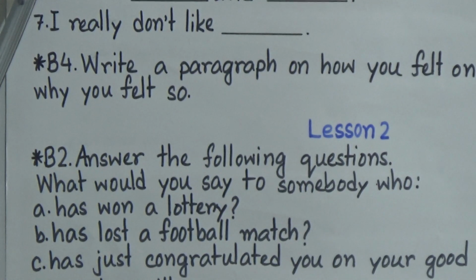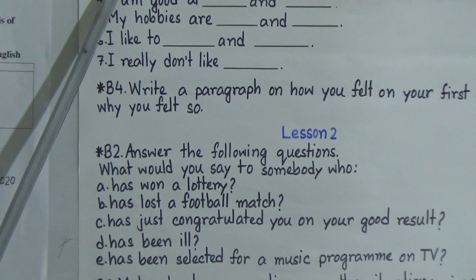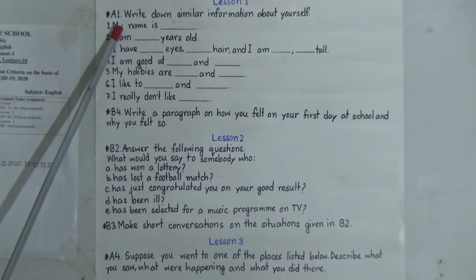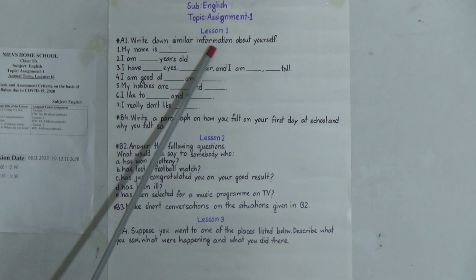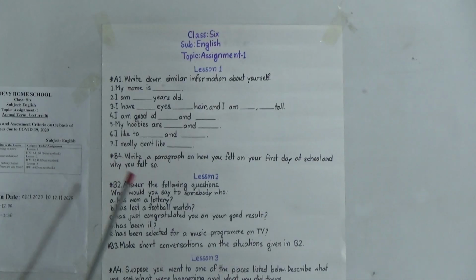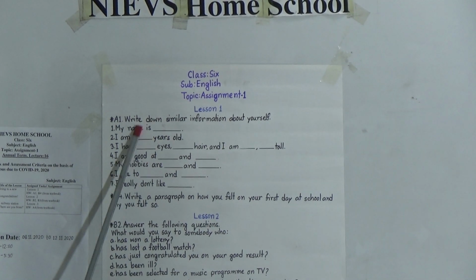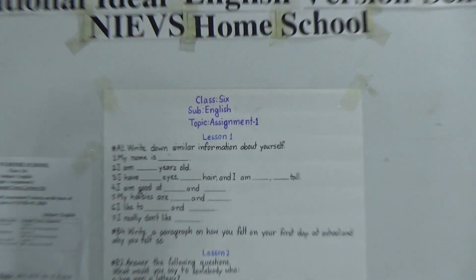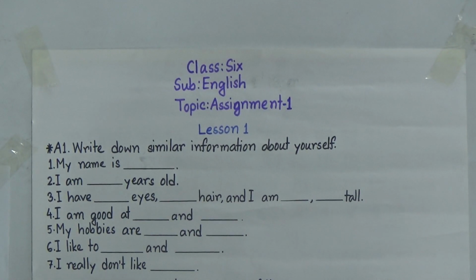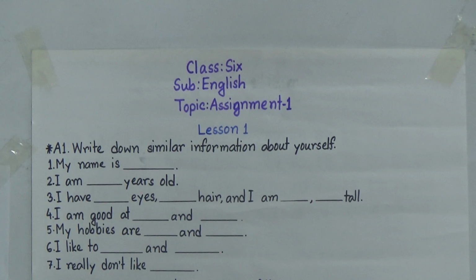You can take the help of your book and you can go to page number 1. Now look, write down similar information about yourself. So write down similar information. So that means there are some information given in your textbook. And what is it? Now look, go to page number 1, lesson 1, going to a new school.